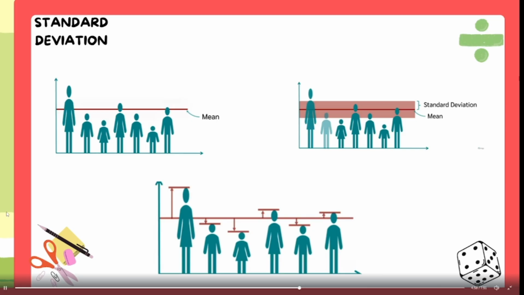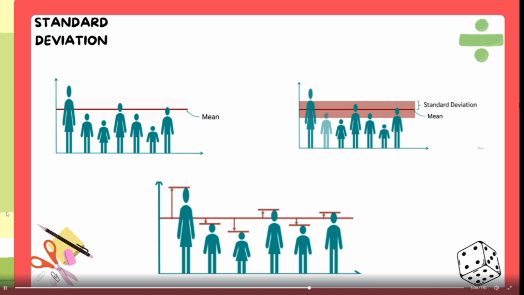Standard deviation is shown here using a group of people and their heights, which represent our data points. The horizontal line labeled mean, top left, is the perfect average height of the entire group. The diagram at the bottom then focuses on the deviations, using the small red lines to show exactly how far each person's height is from the central mean.